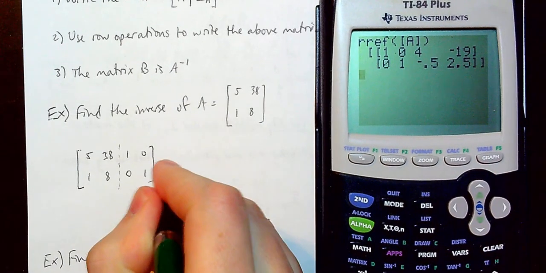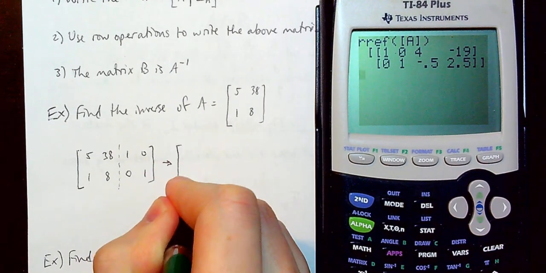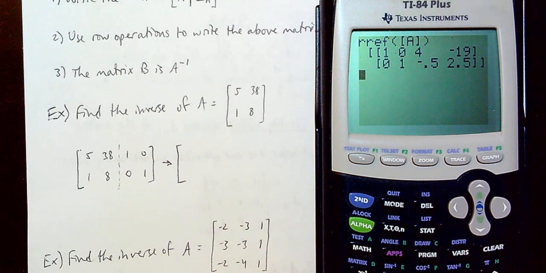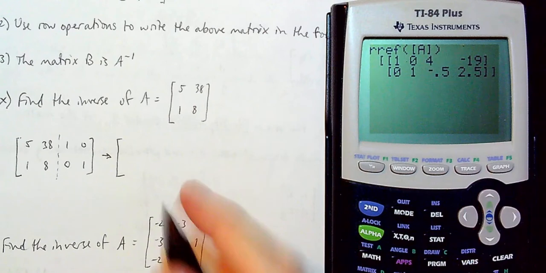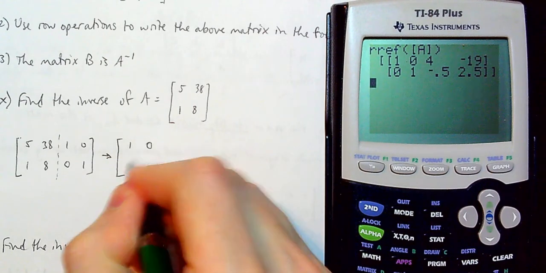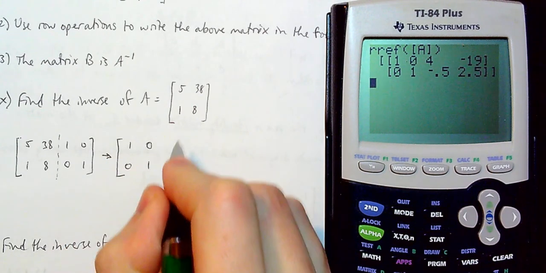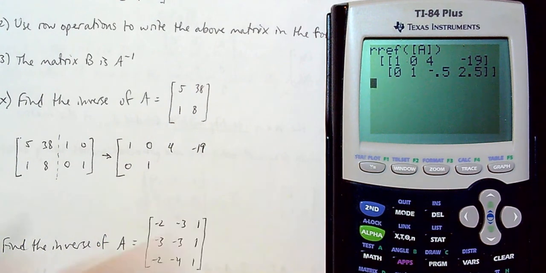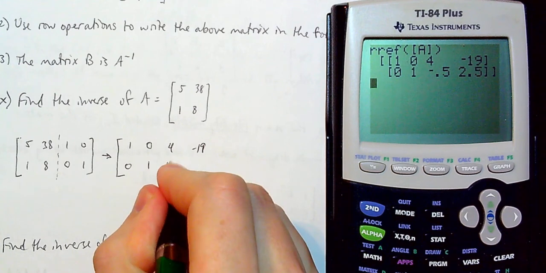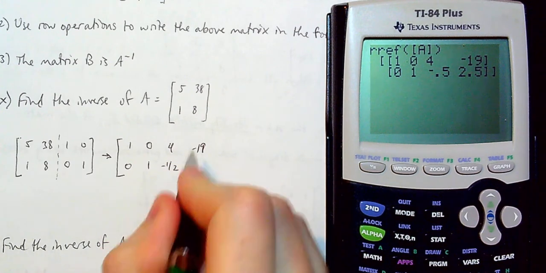And when I do that, with a magical touch from our calculator, you can see we get 1, 0, 0, 1, 4, negative 19, negative 1/2, and 5/2.